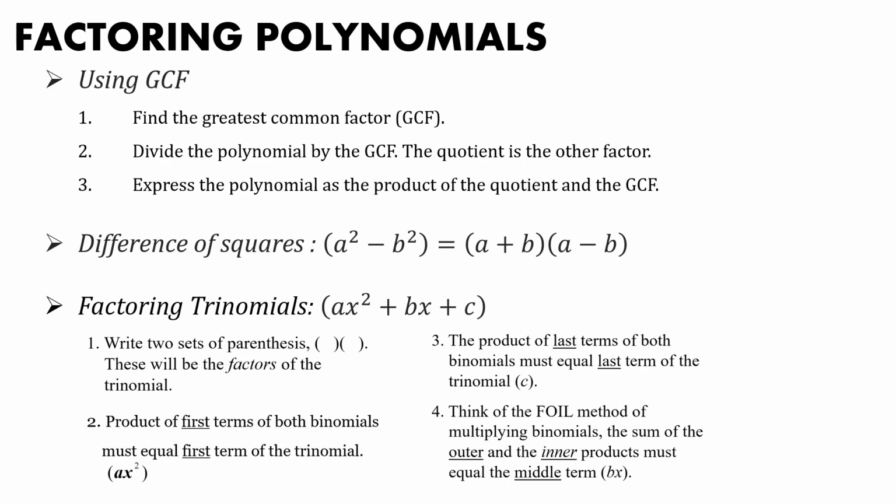First, write two parentheses. Then after that, if a factor out natin to, pwedeng ax times x. Then after nun, dapat itong yung factors ng c equal sa sum ng b.